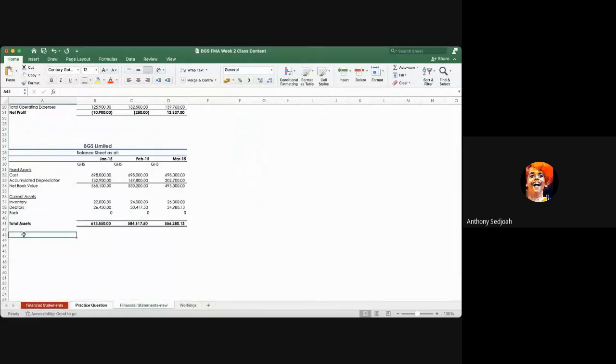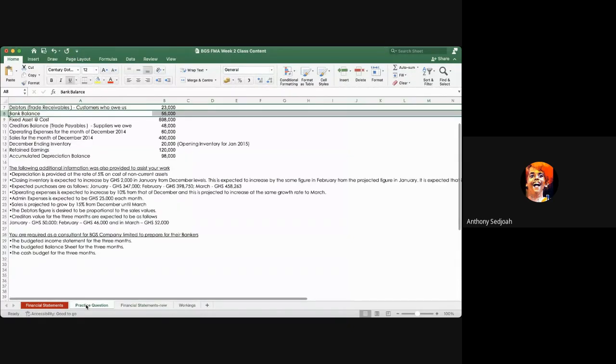Okay, now let's go to capital and liabilities. So let's start with current liabilities. Our current liabilities will be the creditors, the people, our suppliers that we are here to pay.